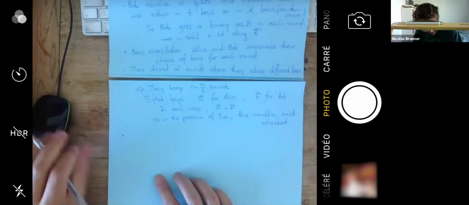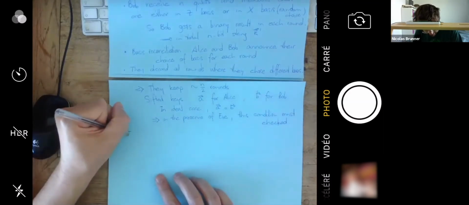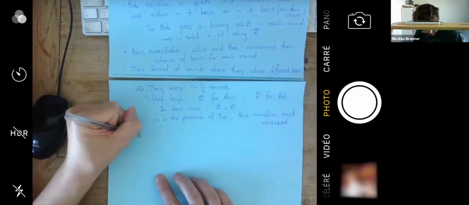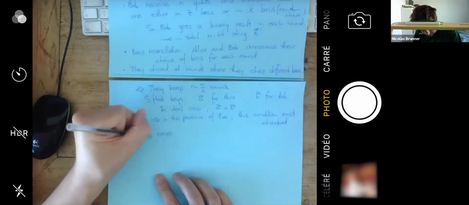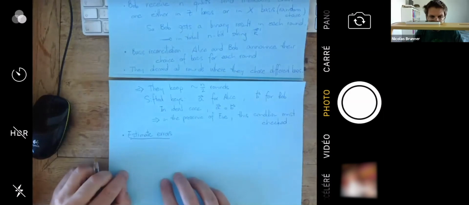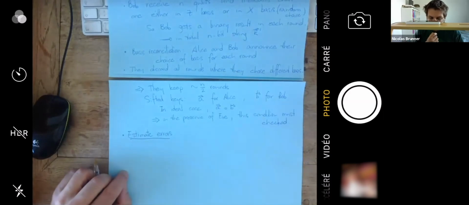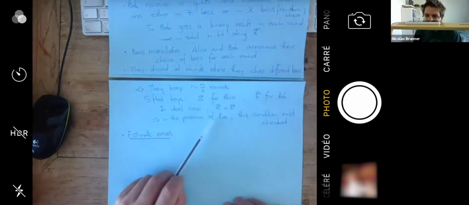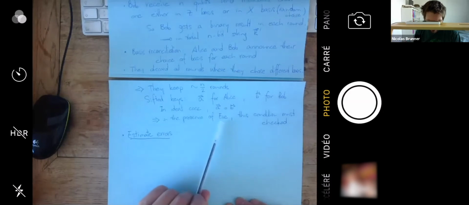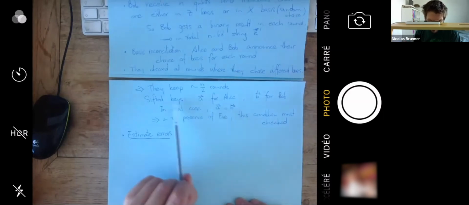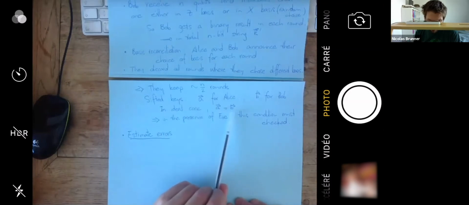So the next step is to estimate the errors. Now, as Mona mentioned before, if everything would be perfect and there would be no Eve, then we know that the sifted keys of Alice and Bob must be the same.